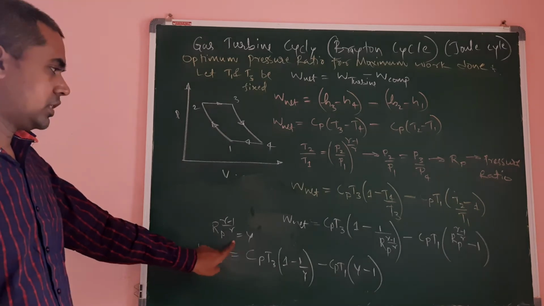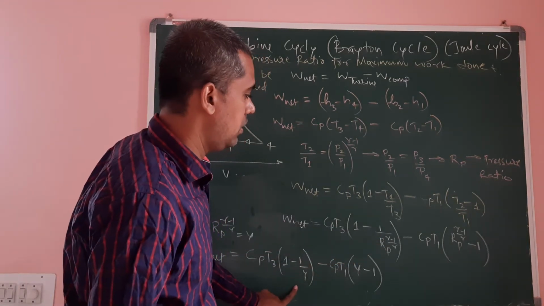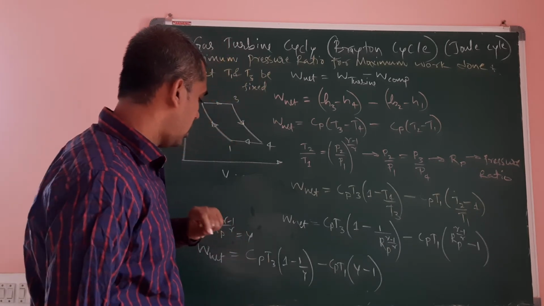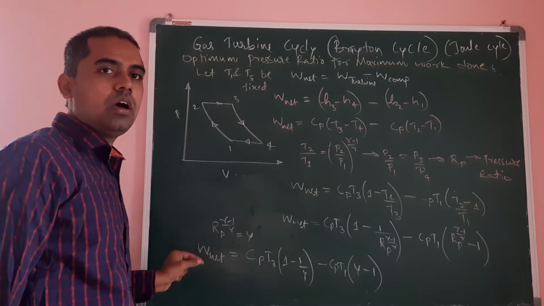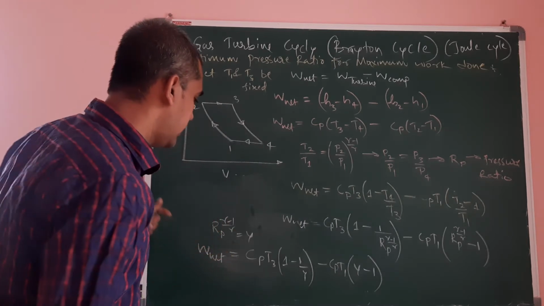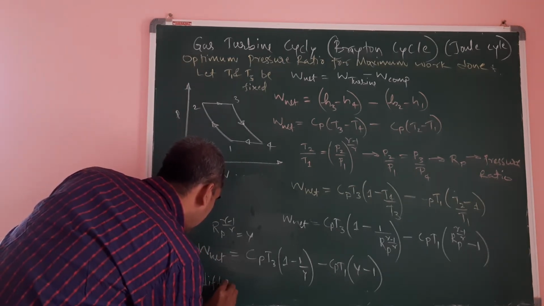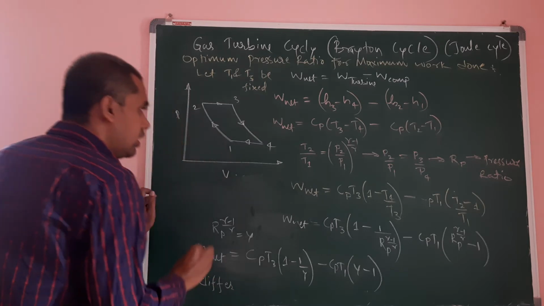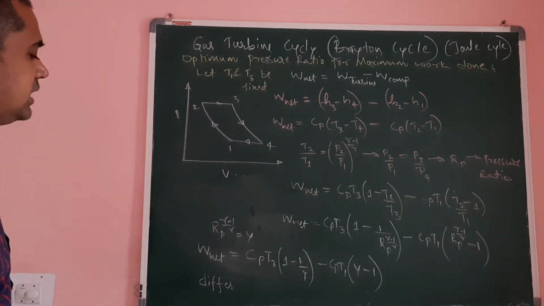I have substituted Rp raised to gamma minus 1 by gamma as Y. Now, I will differentiate this equation with respect to Y, to get the optimum pressure ratio.